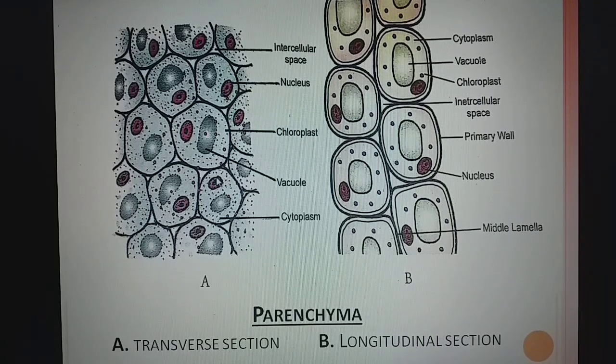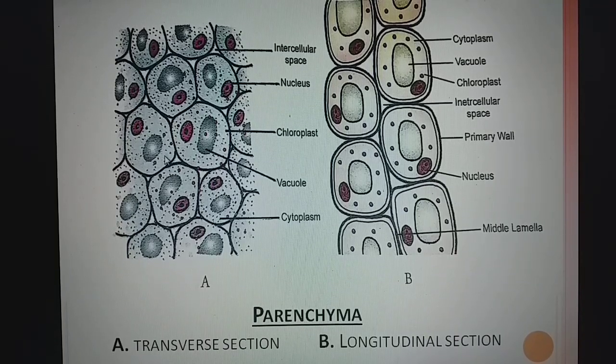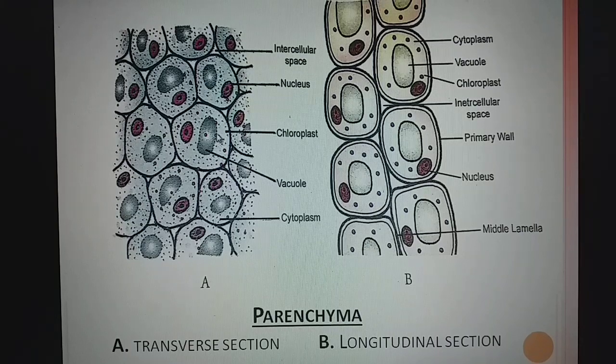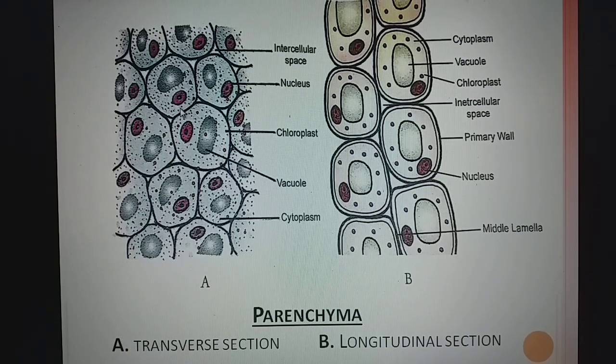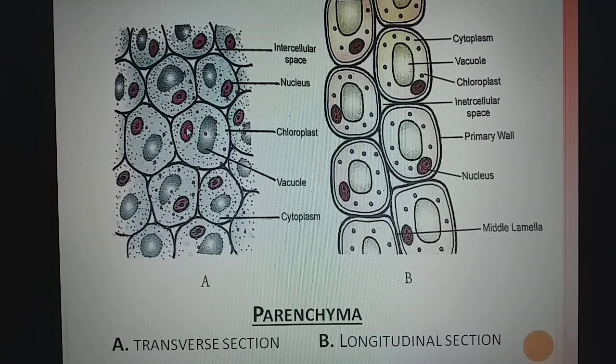So they are isodiametric. Next, they have intercellular space. See, this is the intercellular space, and like other plant cells, they also have the vacuole and the nucleus at the periphery. So let's study through the video.